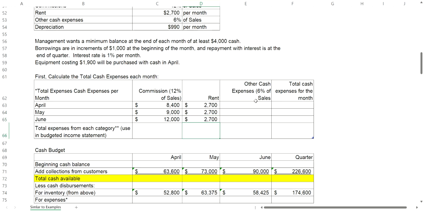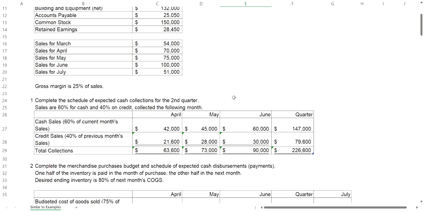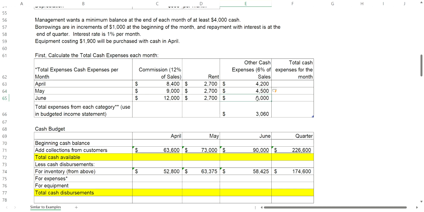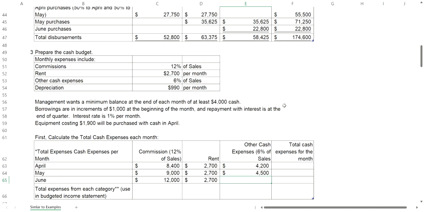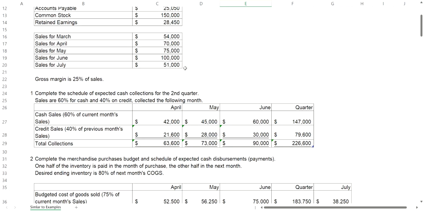Okay, and then I'll do the same thing I did for commissions, but take 6% of sales for other cash expenses. So 6% of April sales of 70,000, 6% of May sales, which are 75,000, and 6% of June sales, which are 100,000.